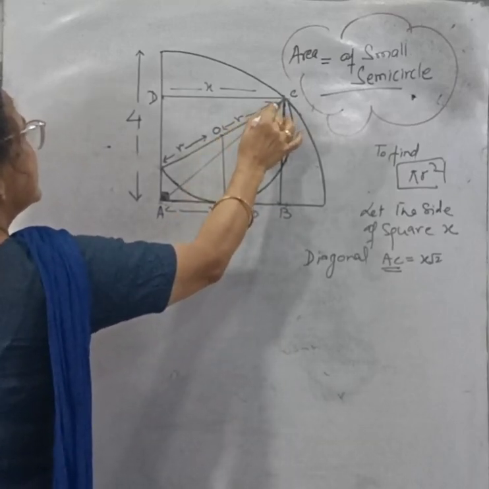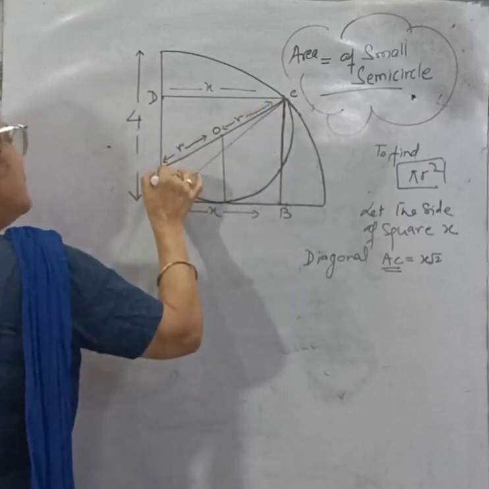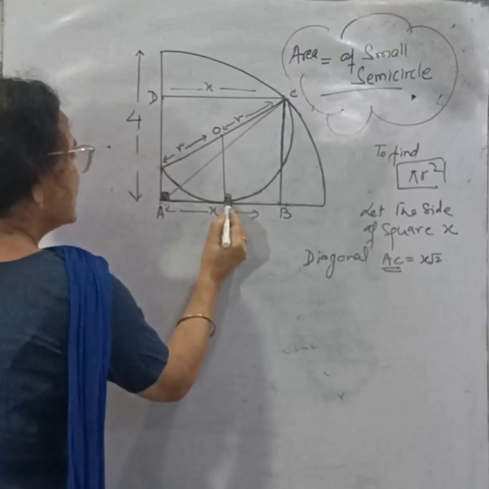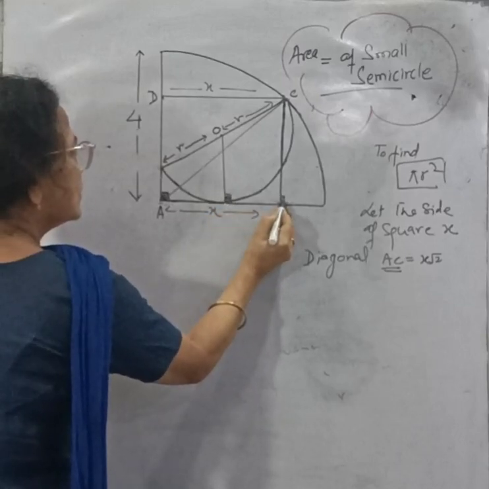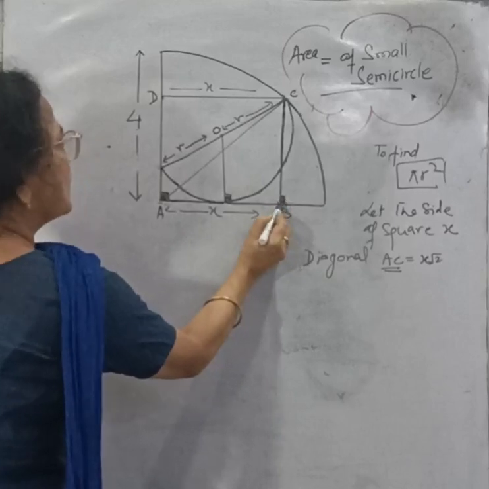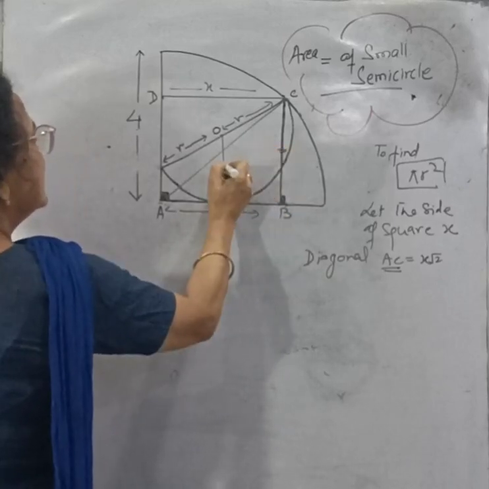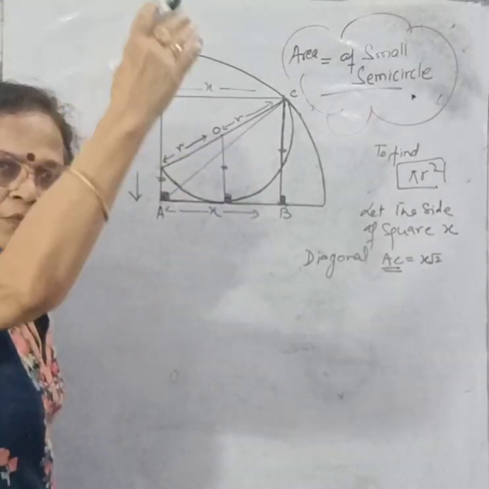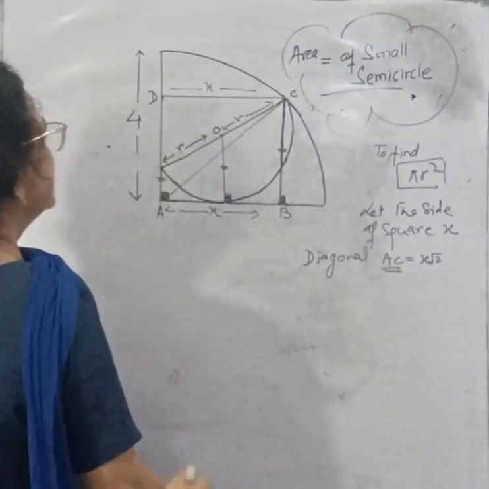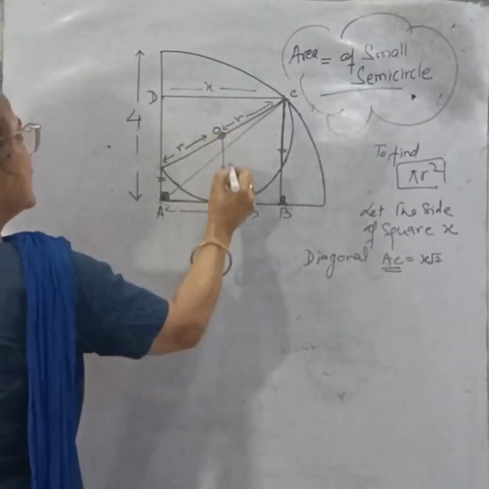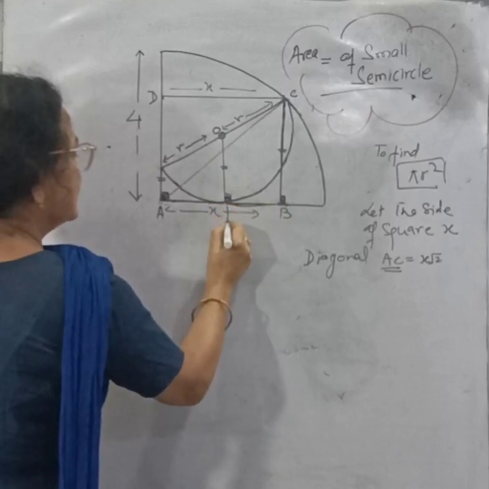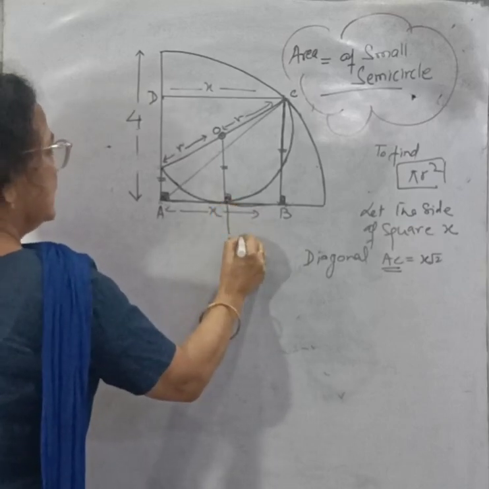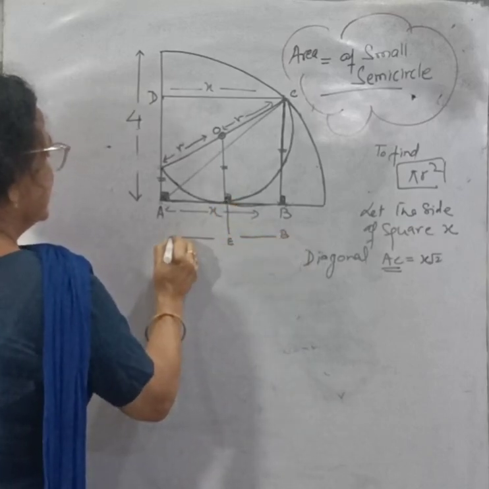This R is the midpoint of this diameter. We have dropped the perpendicular, which is also perpendicular to the side of the square. It means this line is parallel to these, all three vertical lines are parallel to each other. Let us suppose this point is E, this is also the midpoint.